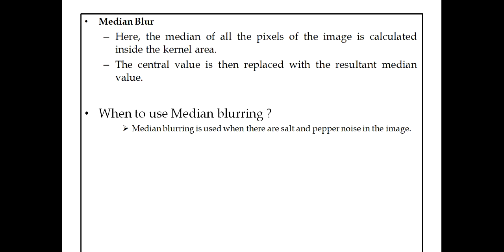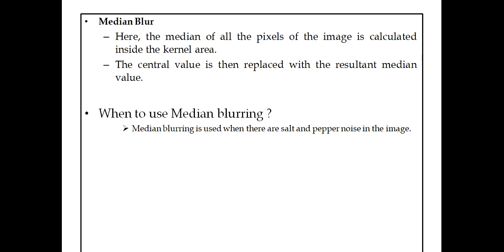Okay, so median blur. Here the median of all the pixels of the image is calculated inside the kernel area. And I hope that you guys know what is median. If you know, do comment what you mean by median. Then the central value is replaced with the resultant median value.